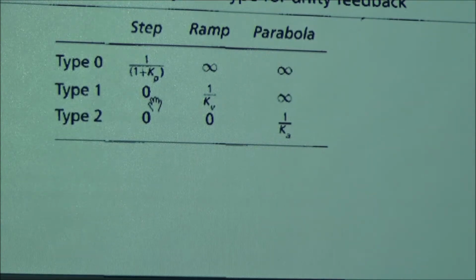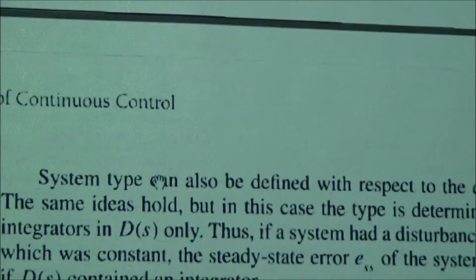Sometimes a PI controller, which as you know has an S in the denominator, will change the type of the system from type 0 to type 1, then you will have a 0 for a step input, guaranteed 0 steady state. If you have type 1 and a parabolic input, again you get an infinite error. Finally, for a type 2 system, parabolic is 1 over Ka, Ka being the acceleration constant, and before that, for ramp and step, you will get 0, guaranteed 0 steady state error.